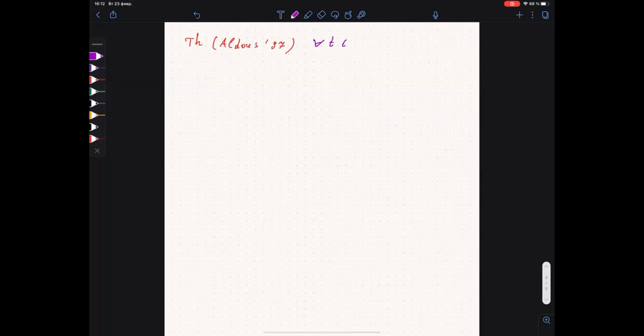For every t from R, the ordered vector of the sizes of connected components goes in distribution to some non-trivial limit in the space of L2 functions. But let me put it as L2 space of all sequences, but which are summable in square.